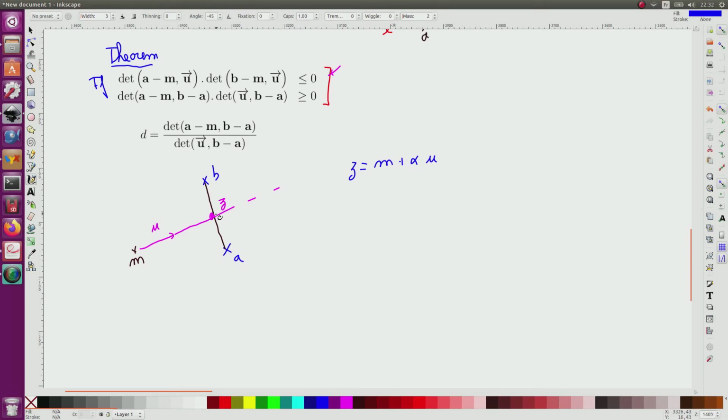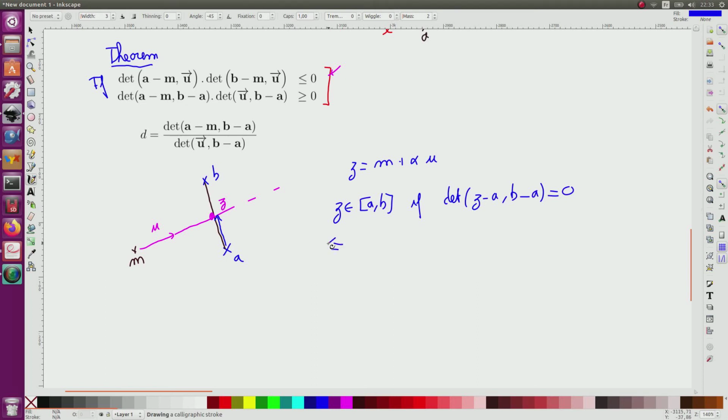Now, to have z, the intersection, I need the vector z minus a to be collinear to b minus a. So it means that z belongs to the segment AB if the determinant of z minus a, b minus a is equal to 0, the condition of collinearity.